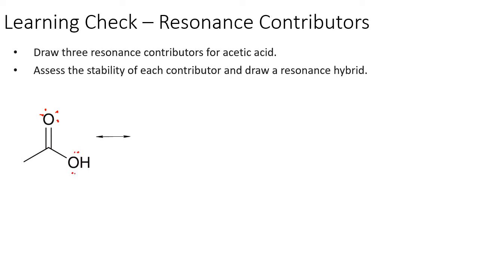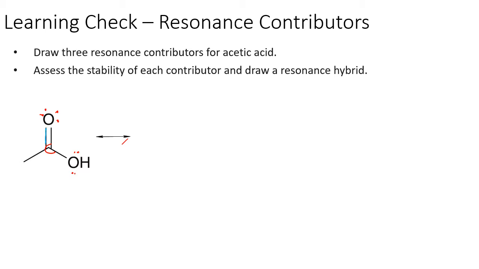Each of those oxygens is neutral and it has 2 bonds to it, whether it's 1 double bond like the top or 2 single bonds like the bottom. So from there, I can see a couple patterns that we could use. We could take the pi electrons that are in between the carbon and the oxygen that's double bonded, and we could move those pi electrons up to the top oxygen.